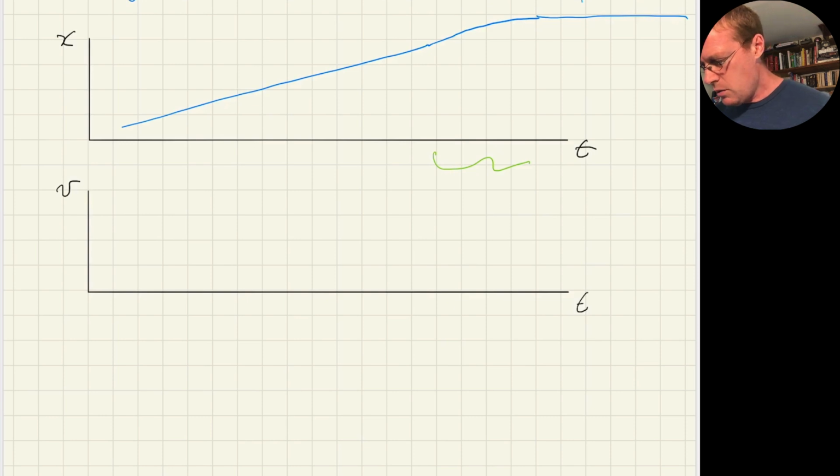Well, under this circumstance, the velocity is constant over this time interval, and the velocity is 0 for that time interval. And so again, the only possibly difficult thing is what's happening in this time interval. Okay, and I know that I just have to draw something that kind of smoothly connects these.